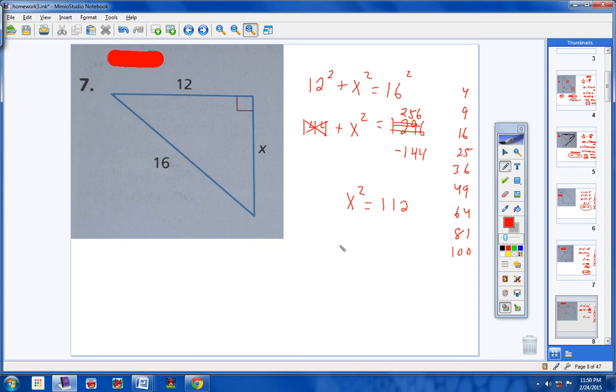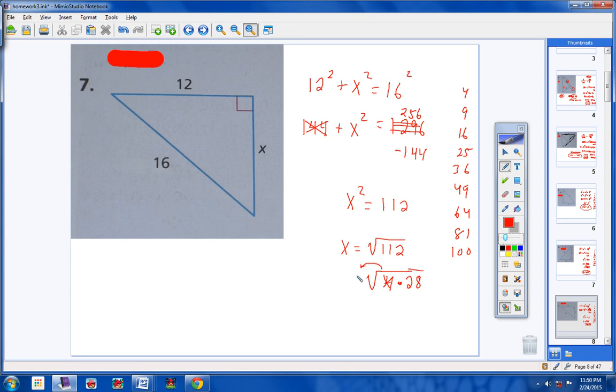Now, moving on, the square root of x squared is x, and the square root of 112 is the square root of 112. Now, 4 will go into that, let's see, no, that's not right, 28 times, okay? So 4 goes into 112 28 times. So the square root of 4 is 2.